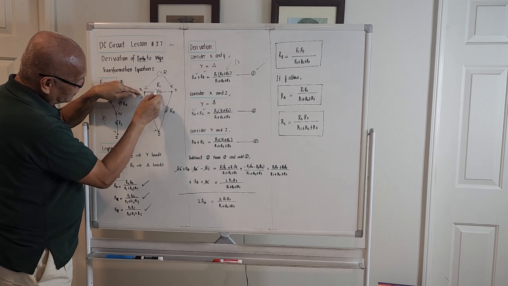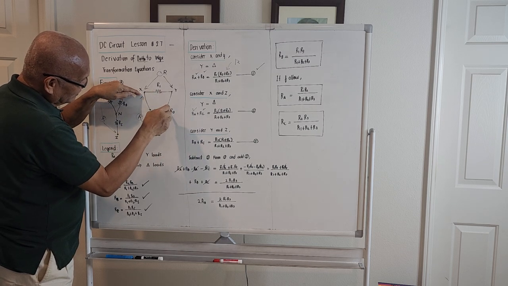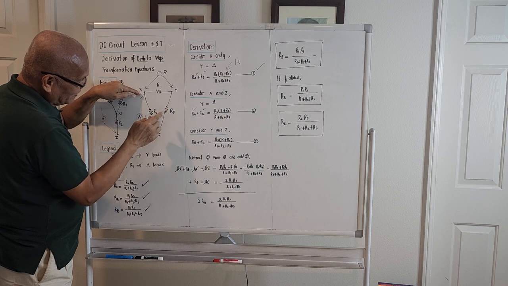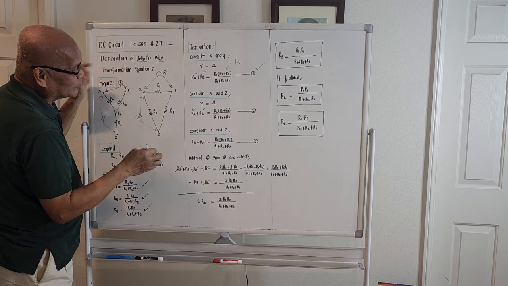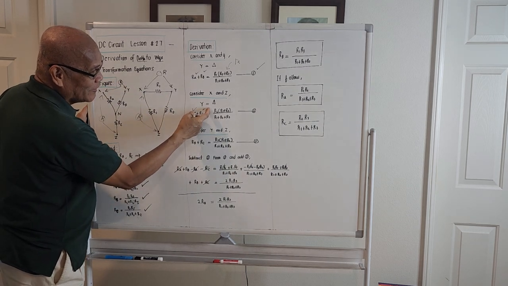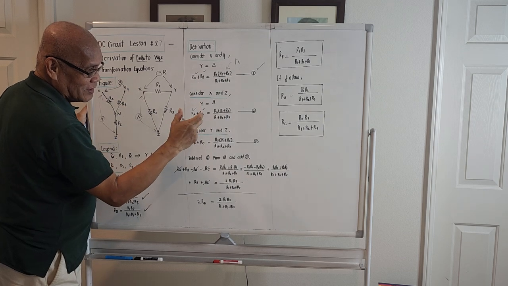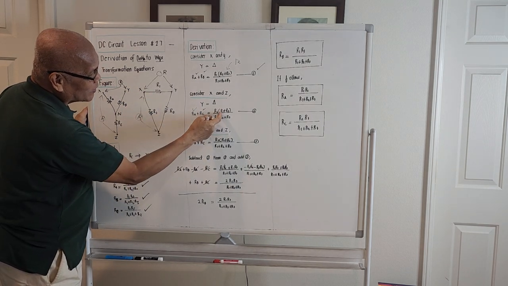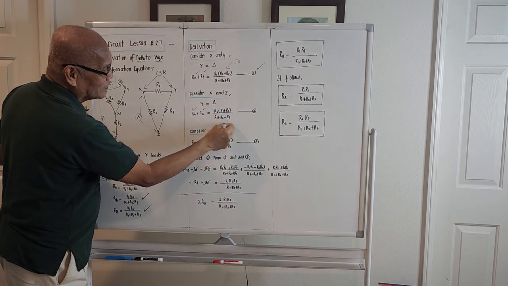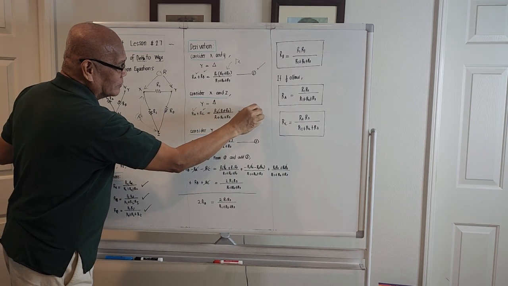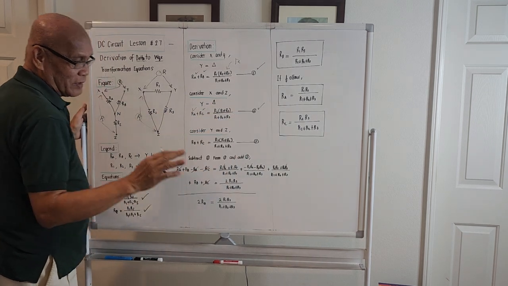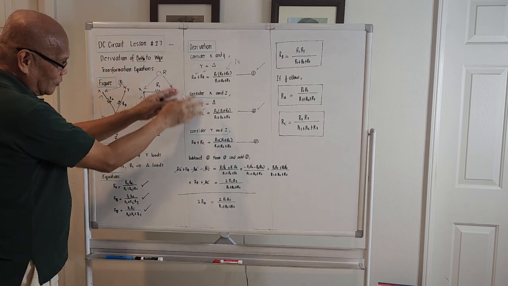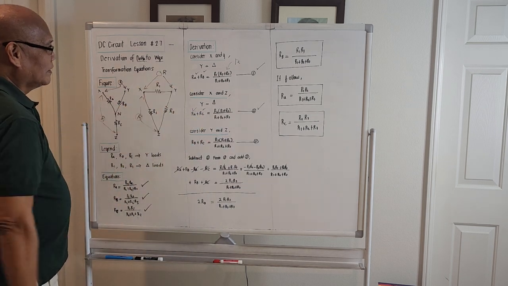So if we try to take the single equivalent, it will still be the product all over the sum. So it will be R2 times the second resistance, and the second resistance is actually the sum of R1 and R3, all over the summation, and that will be equation number 2. It's easy to understand the formulation of this one if you go back to the circuit.